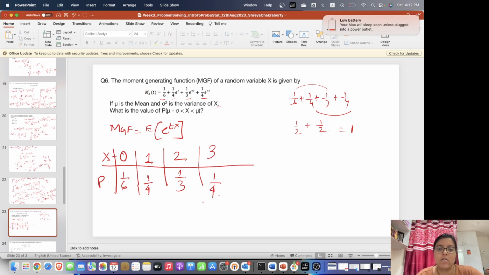Okay, so then what will be the mean and what will be the sigma value? Can you please calculate?